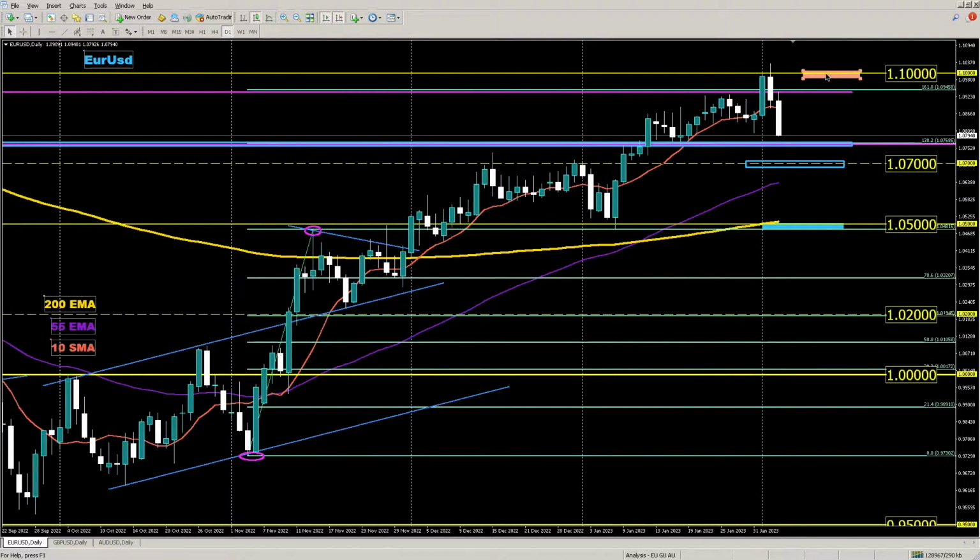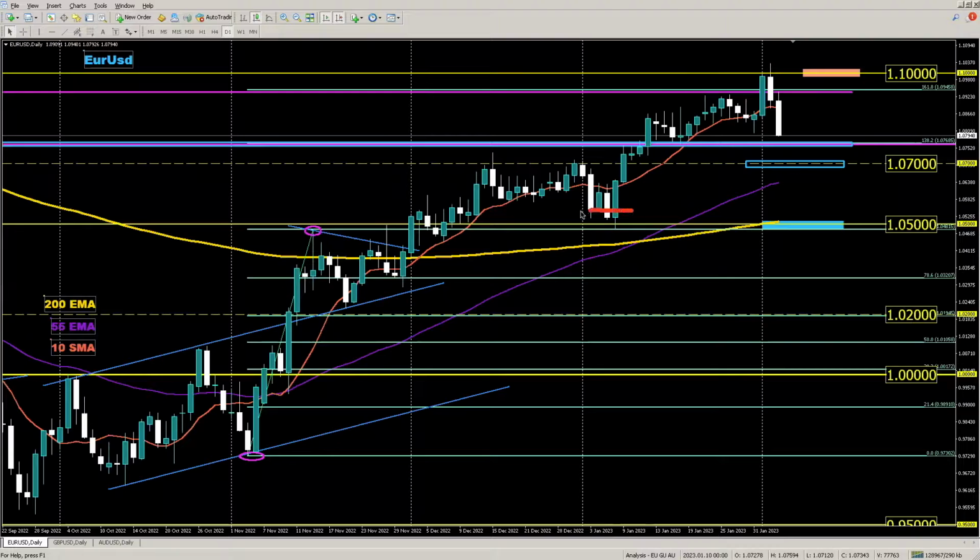So 110 is definitely a strong resistance up here. And if it's really weak, then it could even fall further down into the next key support zone at 105, where the daily 200 EMA is climbing into.